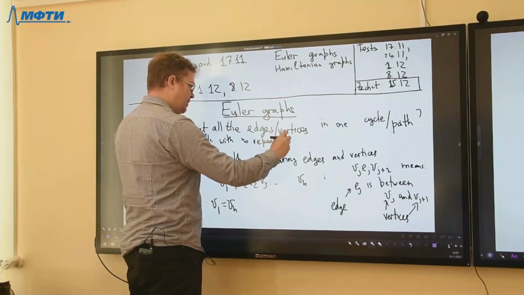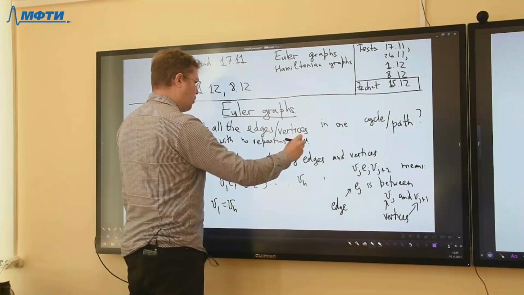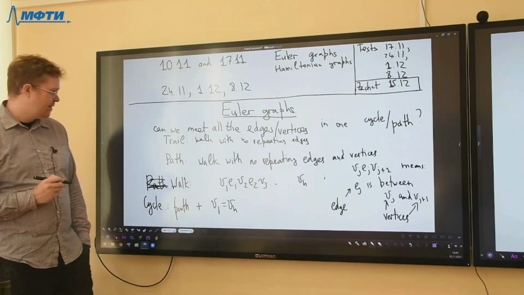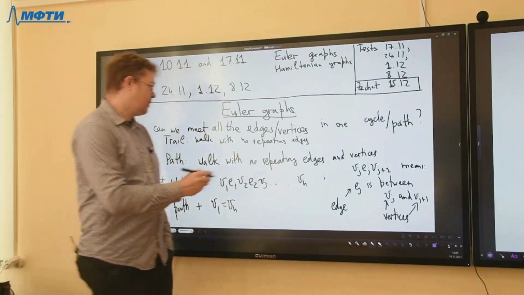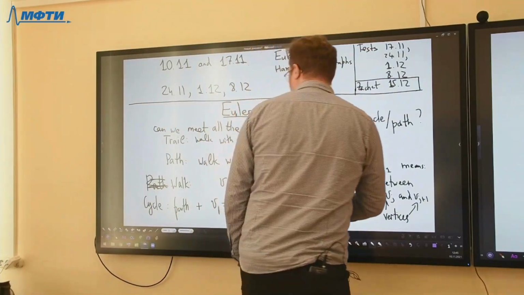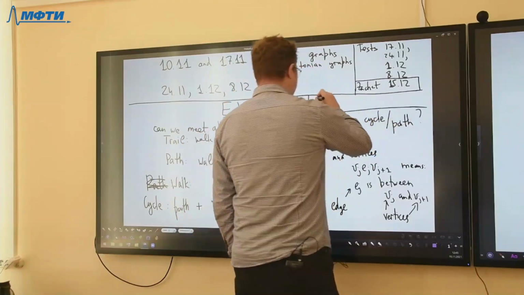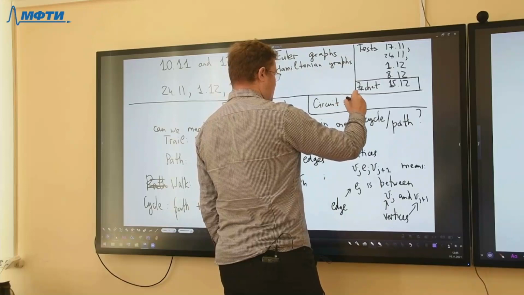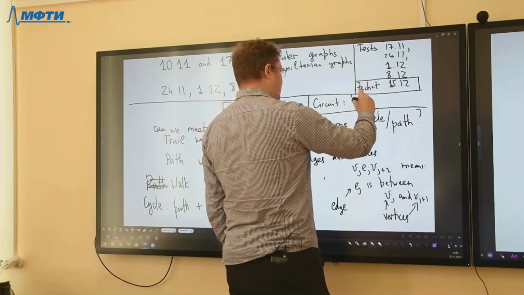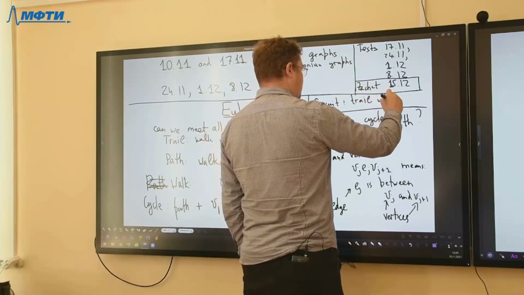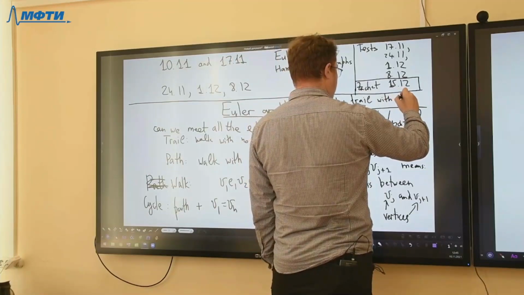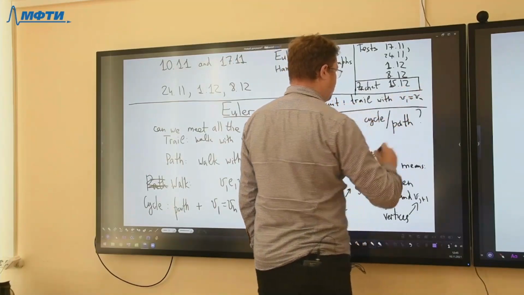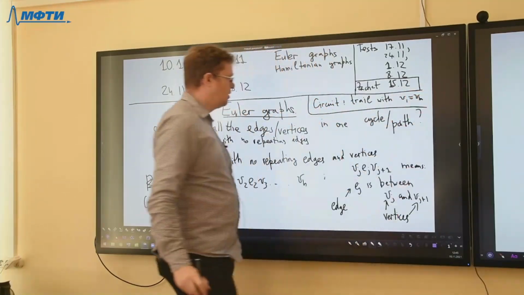And a closed trail is a circuit. So a circuit is just a trail with V1 equal to Vn.